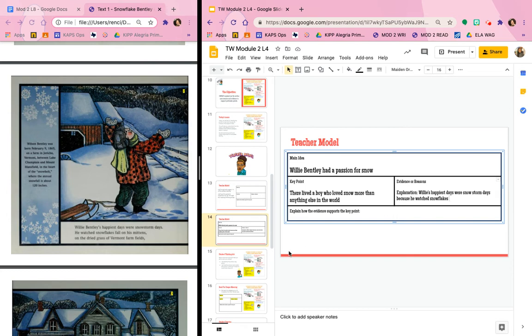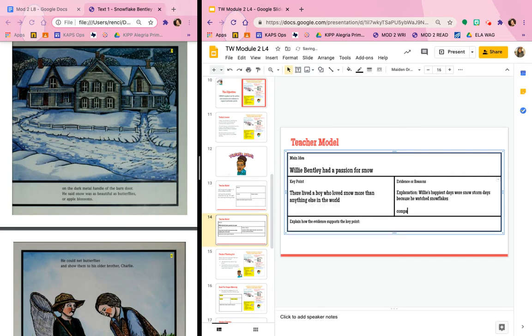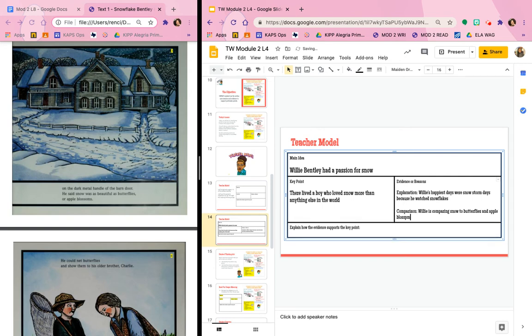Next, there's a comparison on page 3. Here on the last line, Willie is comparing snow to butterflies and apple blossoms. So here I have a comparison. Willie is comparing snow to butterflies and apple blossoms.